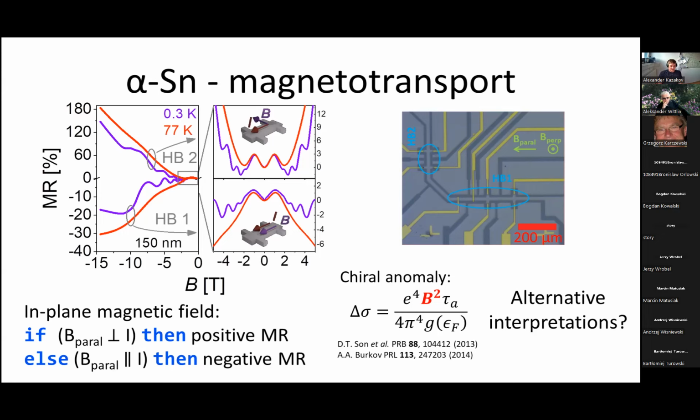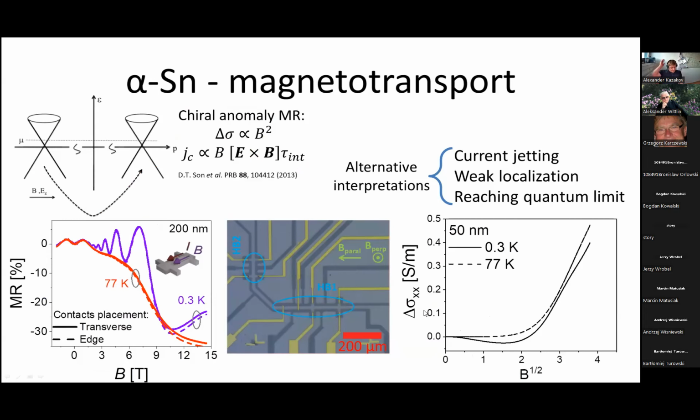It is called the chiral anomaly, and it should have a parabolic dependence on the magnetic field, as was calculated. However, in experiments in other materials, the parabolic behavior was rarely found, and usually people explain it as being caused by the presence of other effects.